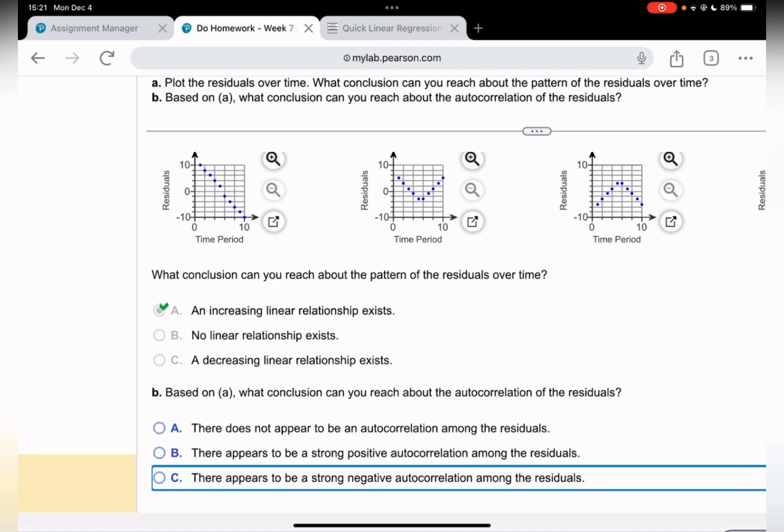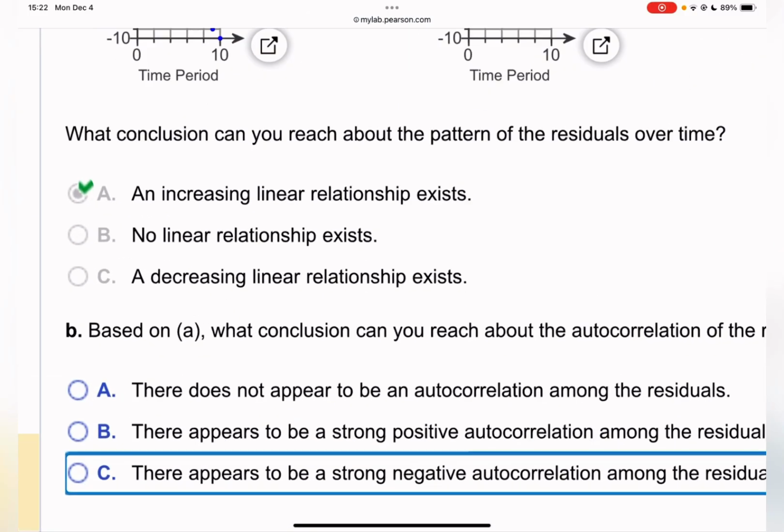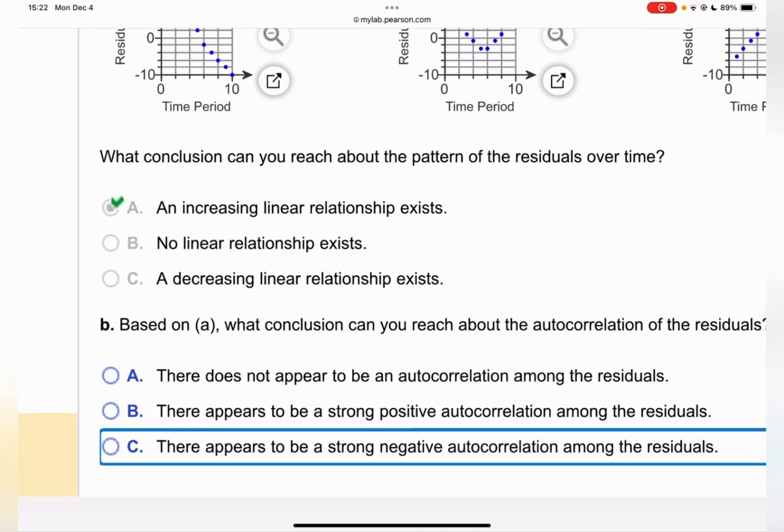So practically, it is the degree of correlation of variables over time. Okay, so let's see, are they correlated? Does not appear autocorrelation? I would say no, it appears strong positive autocorrelation. Yes.